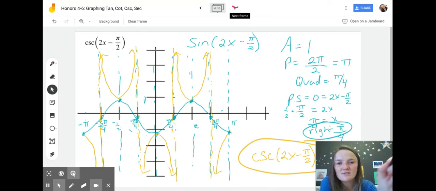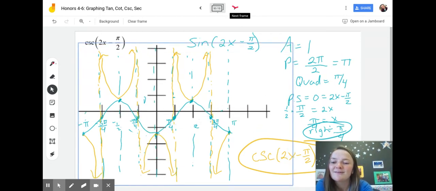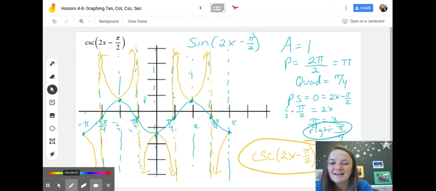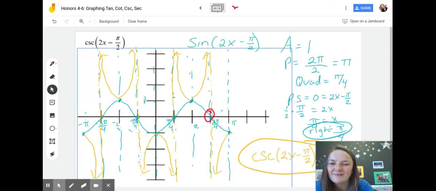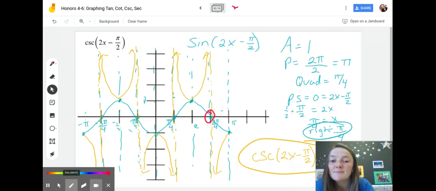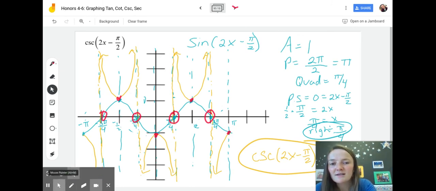So I had students graph sine of 2x minus pi over 2, and create asymptotes anytime that my sine function crosses the x-axis or is 0. And then from there, at mins and maxes, that's where I'm going to start these U-like parabola shapes that follow the asymptote.